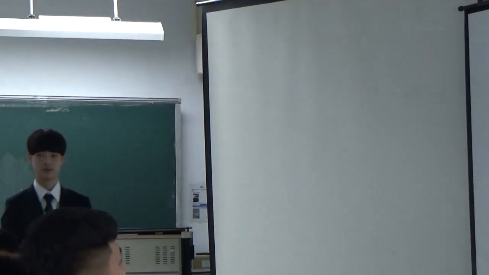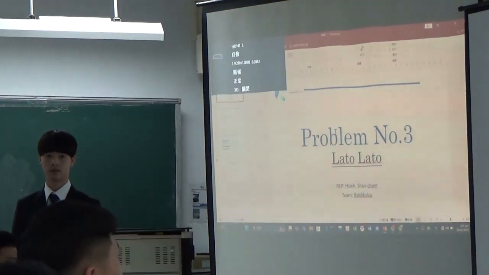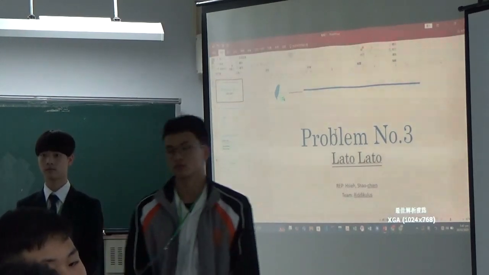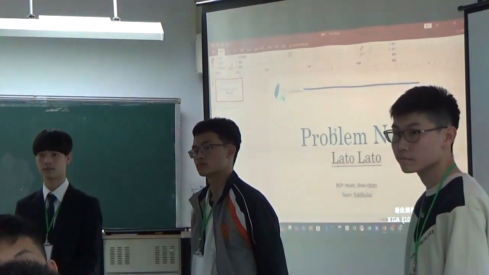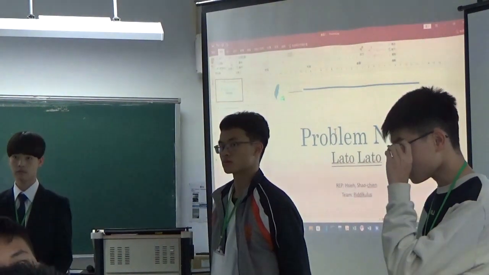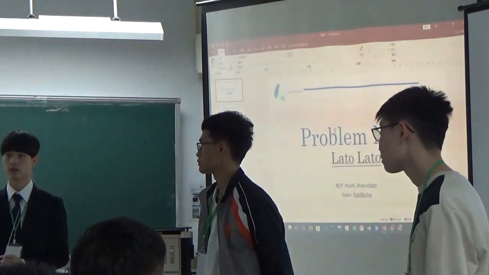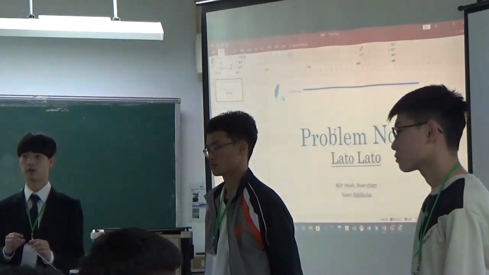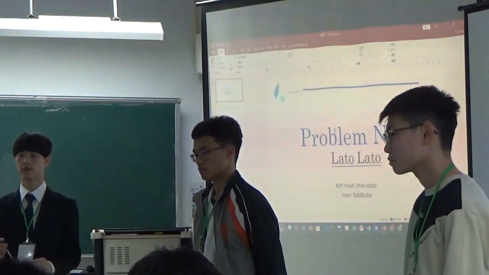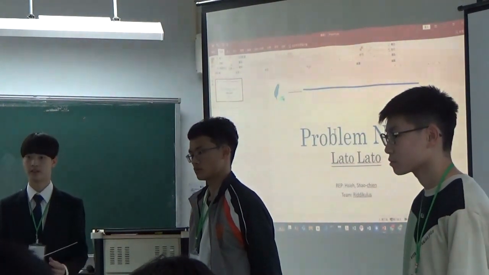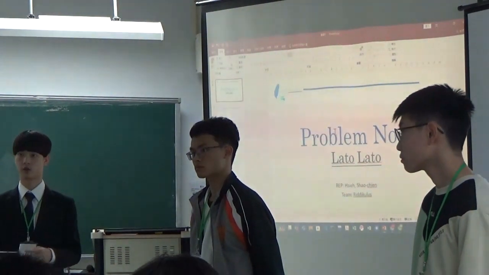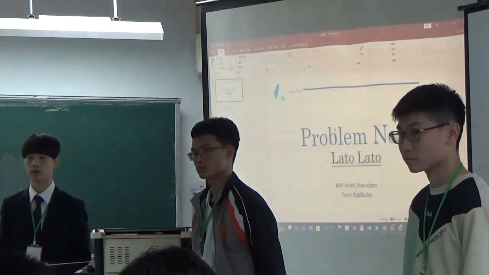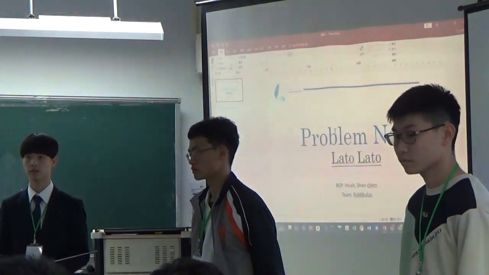Okay, it's time for questions from the jury. Maybe I would like to ask the reporter first, what does chaos mean in physical meaning in your experiment? Chaos is when a very small initial condition variation will cause a very huge variation as time goes further. I mean the physical meaning.